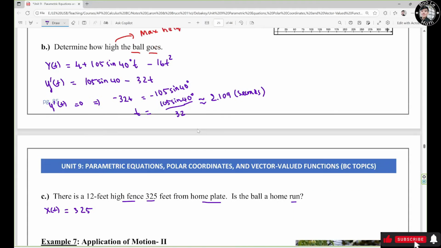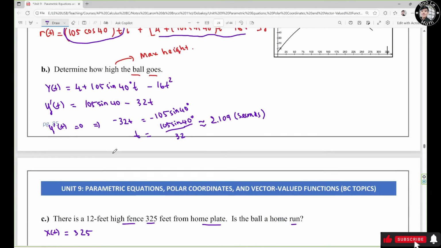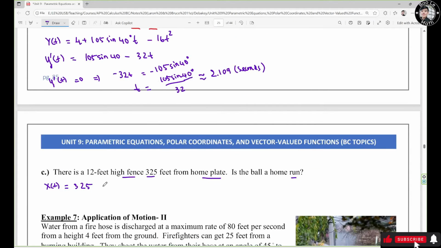But x of t is right here, 105 cosine 40 degrees t. So I'm going to let 325 equal 105 cosine of 40 degrees t and solve for t. So t equals 325 divided by 105 cosine of 40.